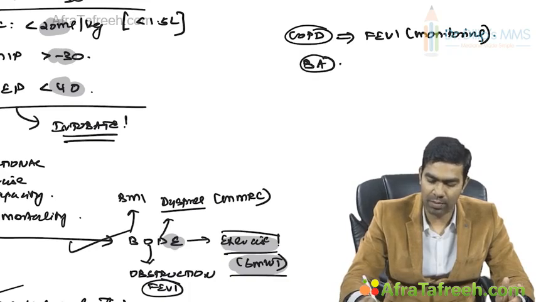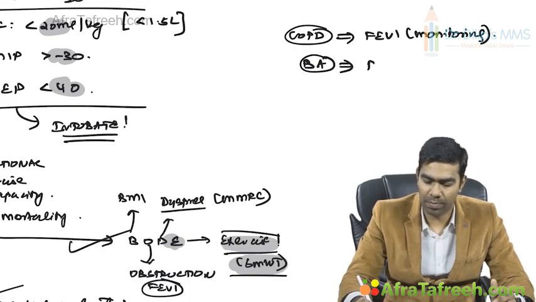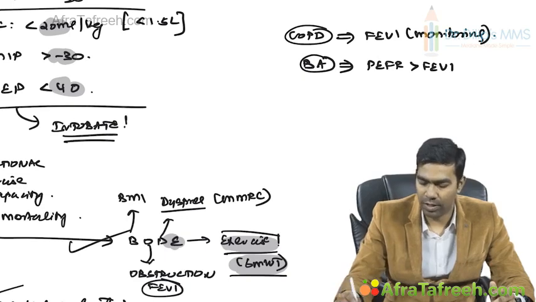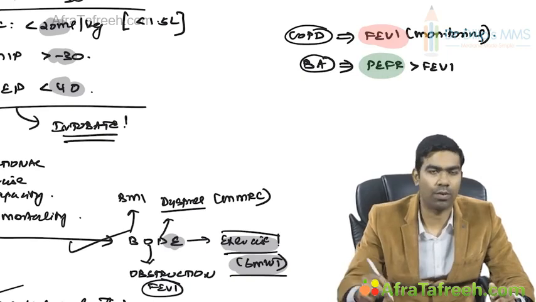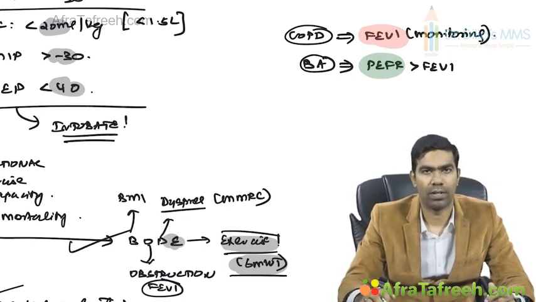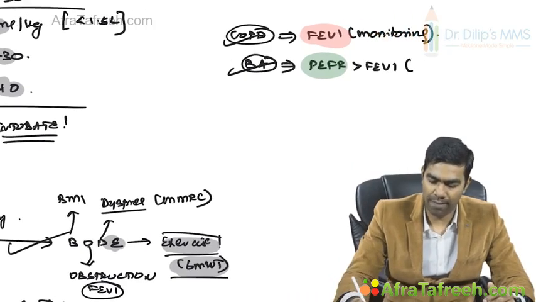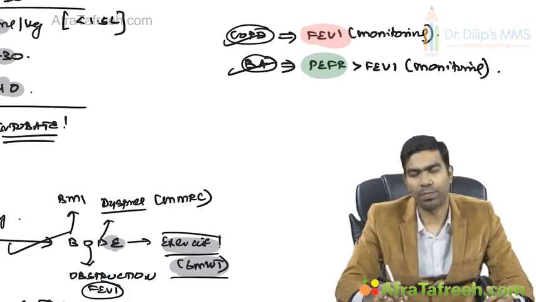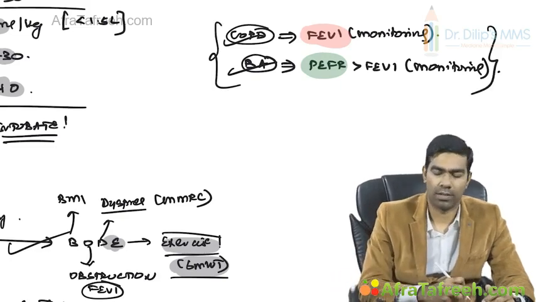Similarly, in bronchial asthma, the most important tool that you are going to use is PEFR rather than FEV1. So in COPD, FEV1 is more important. In bronchial asthma, PEFR is very important compared to FEV1. Clear? So these are two things for monitoring purposes, I'm telling. Again, for disease monitoring purposes, use PEFR here. So these two are very important to understand.